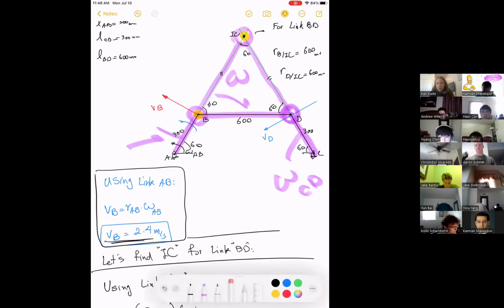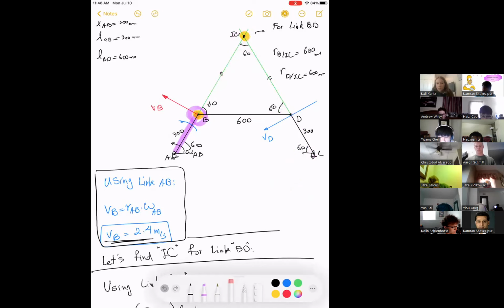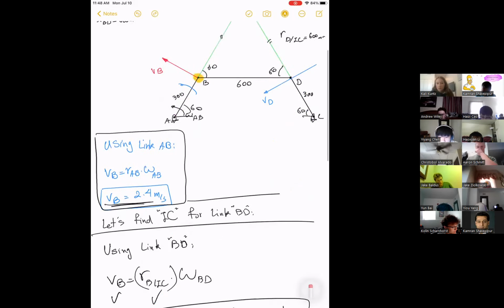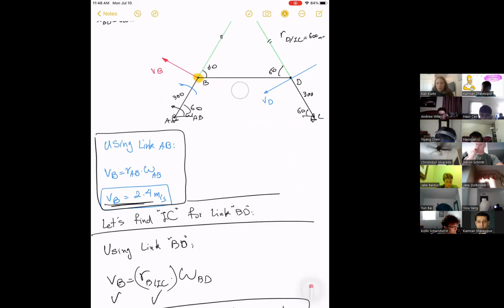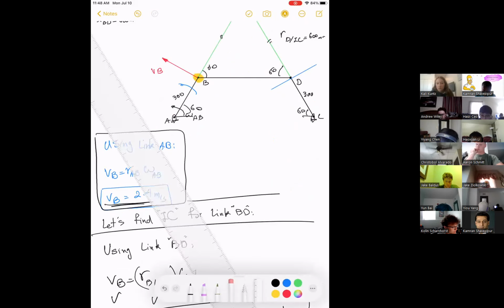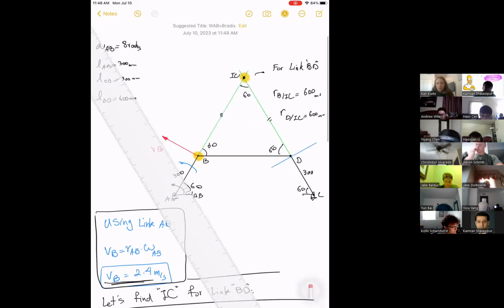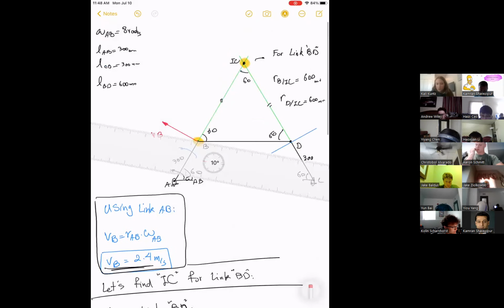Now, I just clean this a little bit. The problem also asks you to find the velocity of point P, which is at the bottom of this link. So if we do that, that was the middle. Oops.